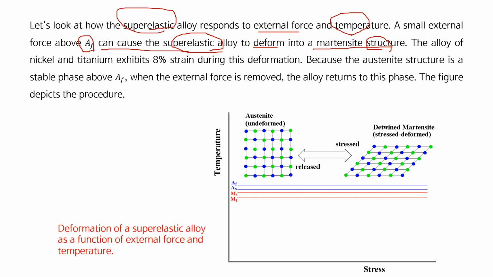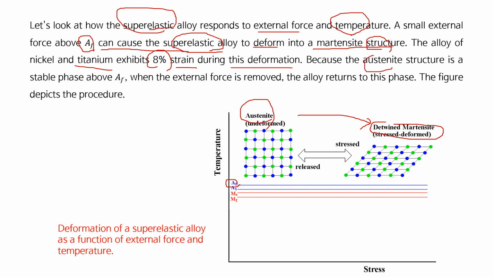So above austenite finish temperature, if you apply some force, then the austenite structure changes to the twinned martensite structure. The alloy of nickel and titanium exhibits 8% strain during this deformation.